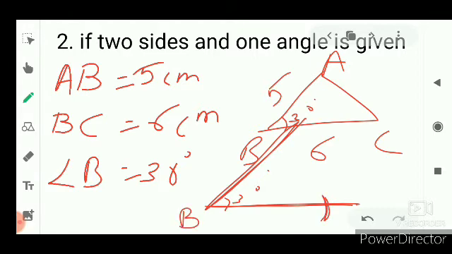This is the point B and this 6 cm is BC, and then we will take a distance of 5 cm and make an arc on this side. This is the point A. This is of 5 cm. Then we will join these 2 points like this. So this is the required triangle ABC.